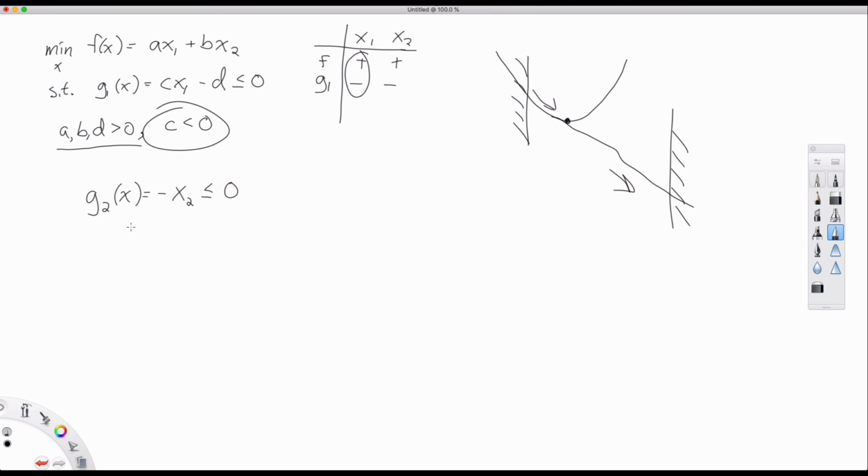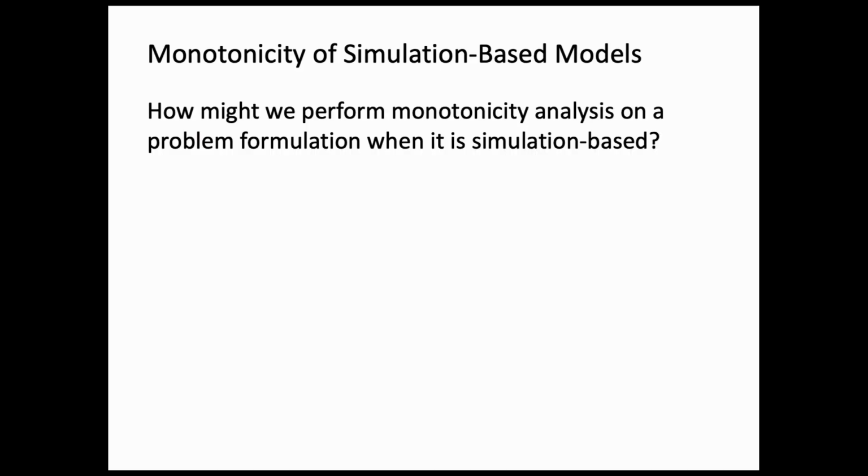If I add g2 to this formulation, and we have two constraints, then g1 is capable of bounding f with respect to x1, and g2, which I needed to add on a separate line, is capable of bounding f with respect to x2. These constraints are both critical and active, and then we could actually solve this problem through substitution.